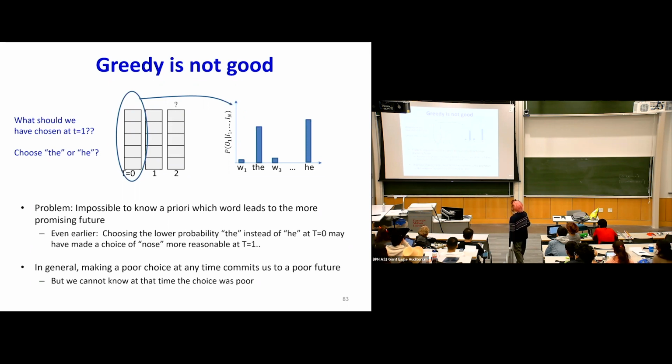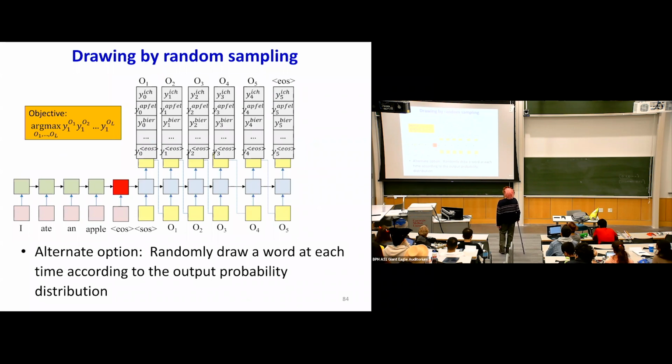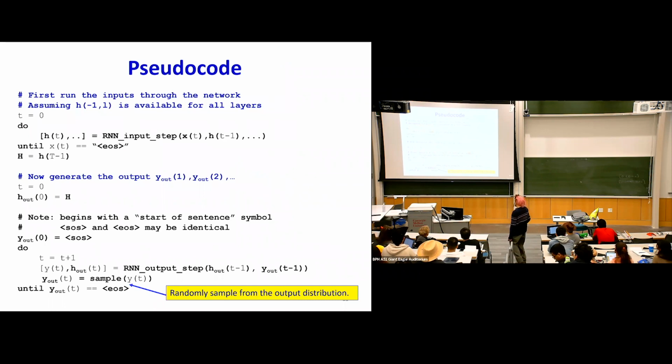So in fact, it turns out that a more reasonable procedure over here sometimes is not to choose greedily, but to actually randomly draw from the probability distribution, according to the probabilities assigned to the words by the network. And so in this case, if you looked at what happened out here, when you're looking at draw the next word from the distribution, you'll literally be just randomly sampling a word from this distribution.